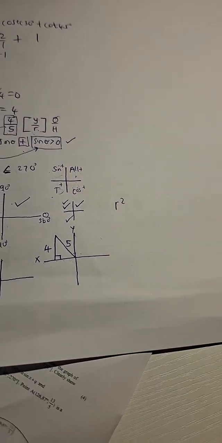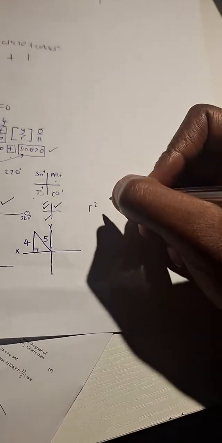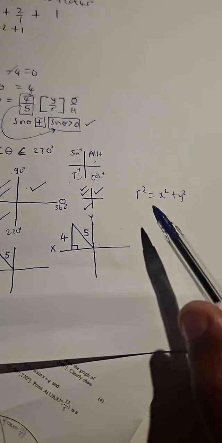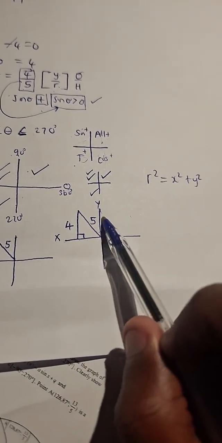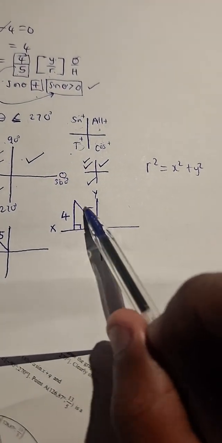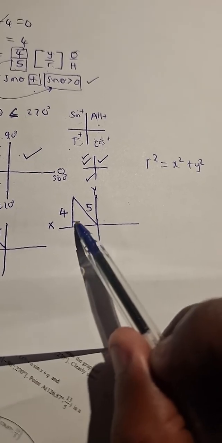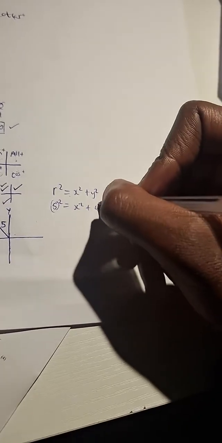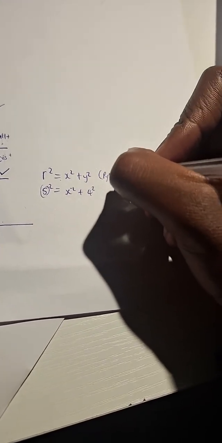It will be negative, that x value. So we're going to say r squared is equal to x squared plus y squared. What is r squared? R squared means the square of the hypotenuse side. The hypotenuse side is always opposite 90. This is the r value. So we're going to say 5 squared is equal to x squared. X is what we want. Y squared is 4. Let's not forget the reason.